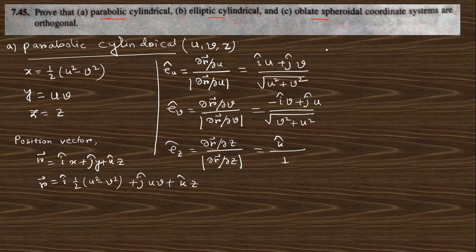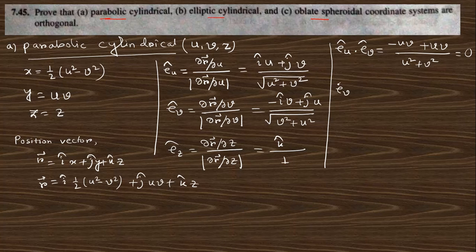Now we need to find the dot product in each case. So for e u and e v unit vectors, if we dot these two, i dot i is 1, so this gives you minus uv, and z dot 1 gives you plus uv, and these are multiplied by the factor with u square plus v square, the roots cancel out. And you can see this is nothing but 0.